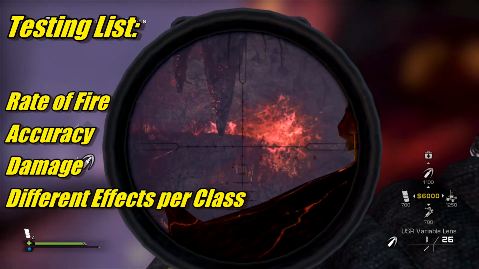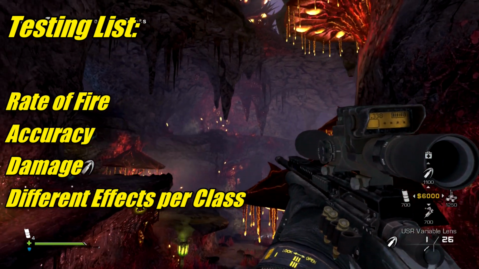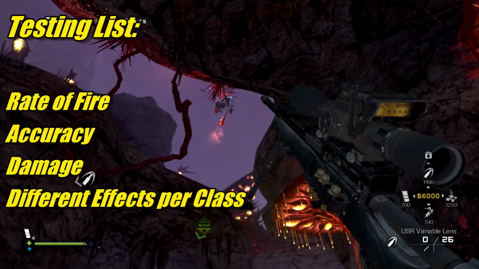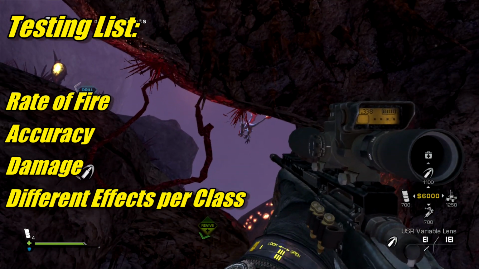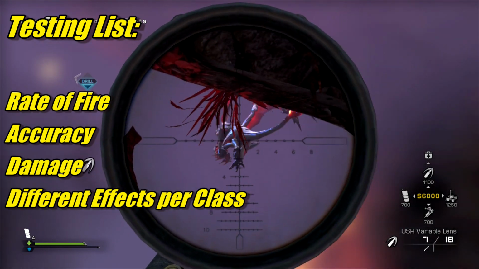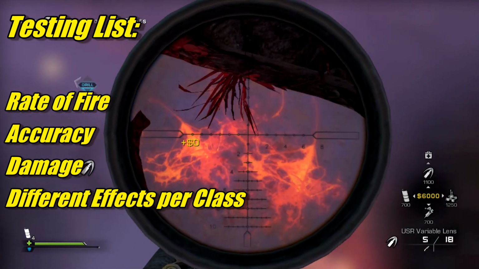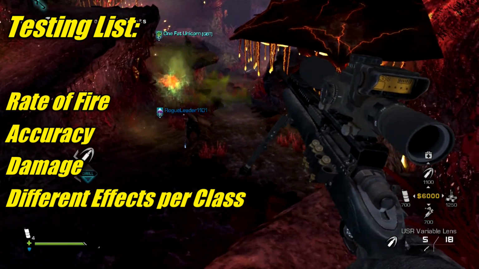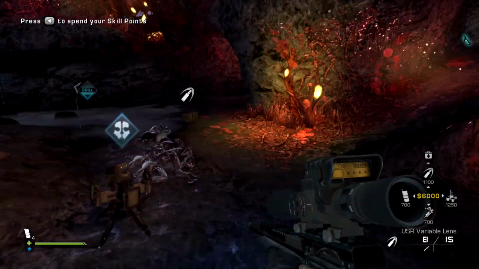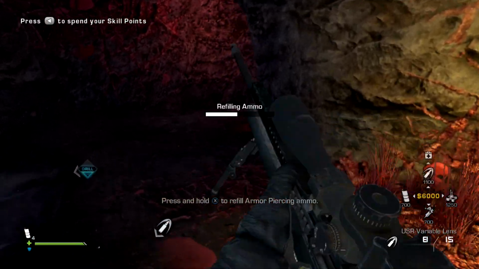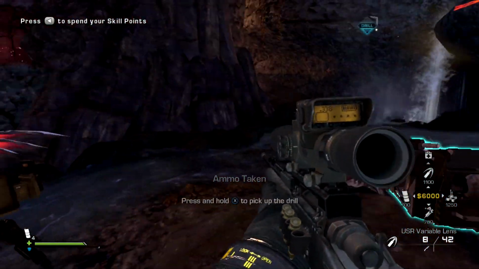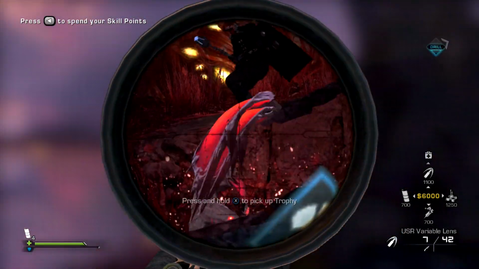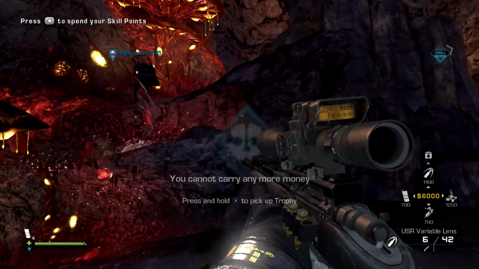I wanted to know if it changed the rate of fire, if I could see any noticeable recoil differences, any noticeable hip fire spread differences, and the pure amount of damage it adds, and how it stacks with other classes. For instance, is it going to have a different effect on a medic versus a weapon specialist? Different things like that.